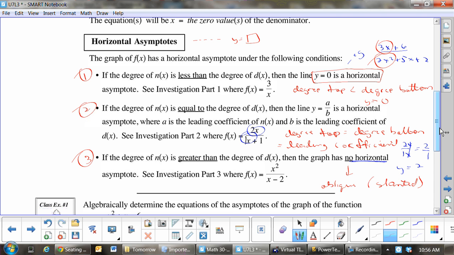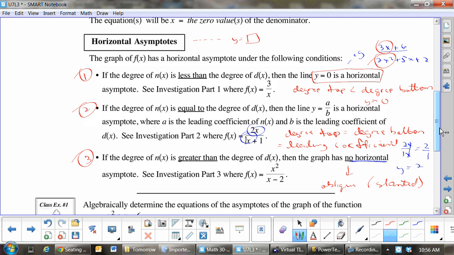Now, in calculus, did you guys do those? No? Okay. And I'm not going to go into detail how to find those because it's not part of the curriculum. All you have to tell me is what the horizontal asymptote is, and if there isn't, you say no horizontal asymptote. Okay?